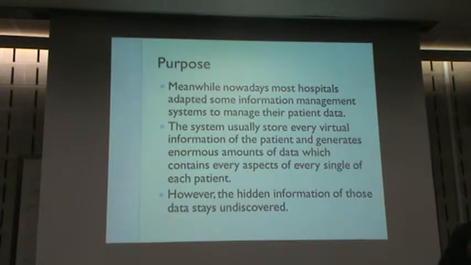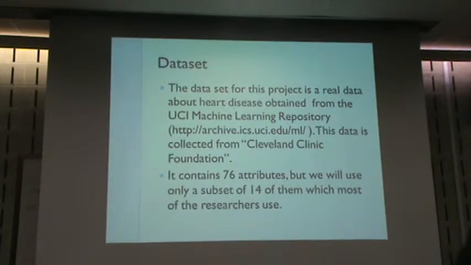So for the prediction purpose, we should have some knowledge regarding that database. For that purpose, we need to apply some data mining techniques to that information. Basically, we are using the data set from the UCI machine learning repository. It contains 76 attributes, but we are just using 14 attributes, and we are applying some data mining techniques.